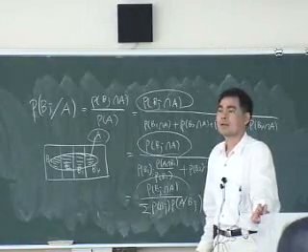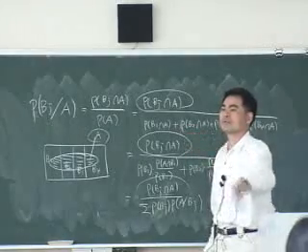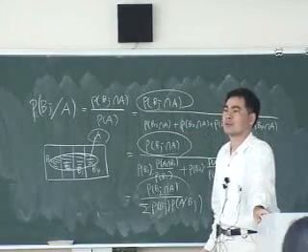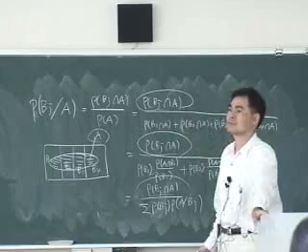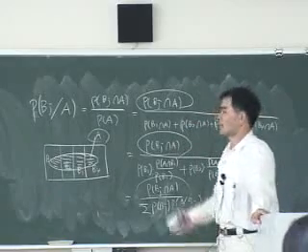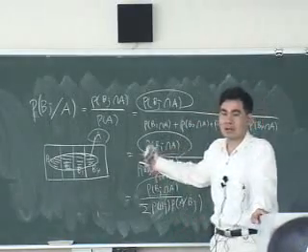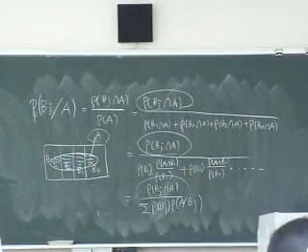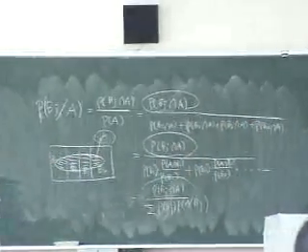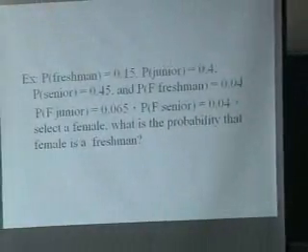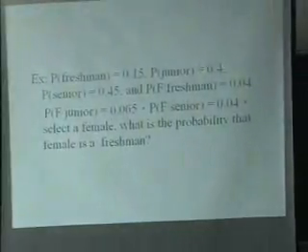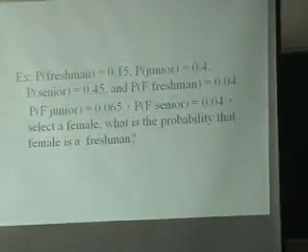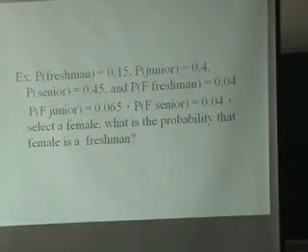Questions? Okay, so basically it's like this. But now let us look at one example so that you know how to apply this formula. We have the probability of getting freshman equal to 0.15, junior 0.4, senior 0.45.